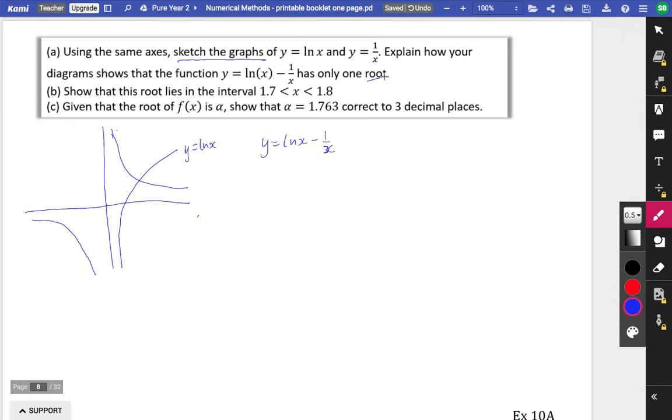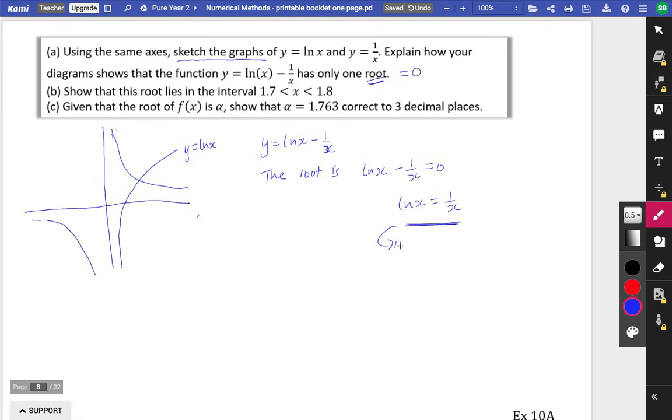Well, remember, if something has a root, we're talking about when something is equal to 0. So really what we're saying here is that the root is where we have ln x minus 1 over x equals 0, i.e. when ln x equals 1 over x. Now just have a think to yourself for a second. ln x equals 1 over x. What does this look like when we're thinking about a graph?